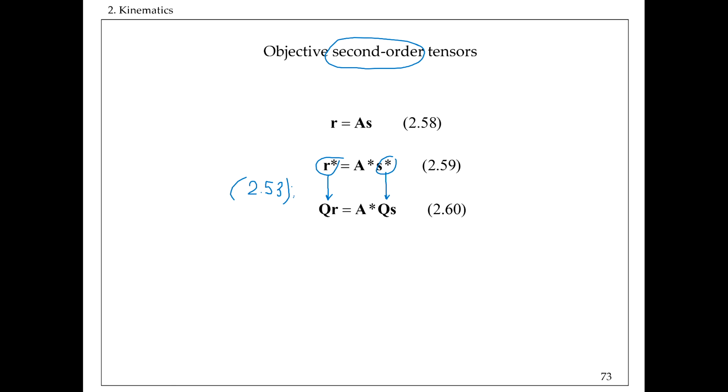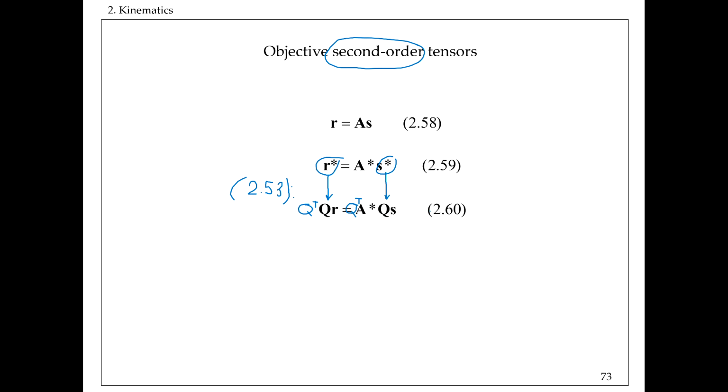And now with that we can go ahead and rearrange our formula a little bit. We can multiply the left hand side with the inverse of Q, or with the transpose, right? So if we do that, it will be Q transpose here and Q transpose here.